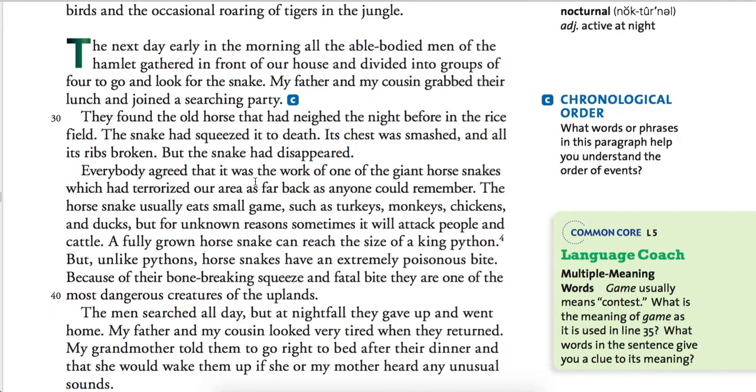Everybody agreed that it was the work of one of the giant horse snakes, which had terrorized our area as far back as anyone could remember. The horse snake usually eats small game, such as turkeys, monkeys, chickens, and ducks. But for unknown reasons, sometimes it will attack people and cattle.